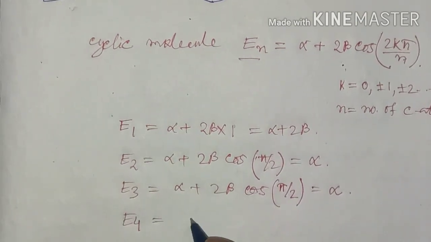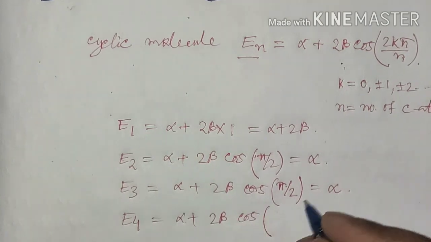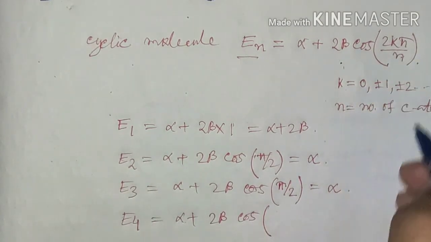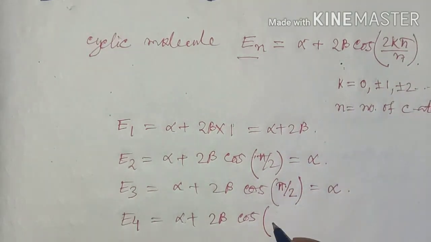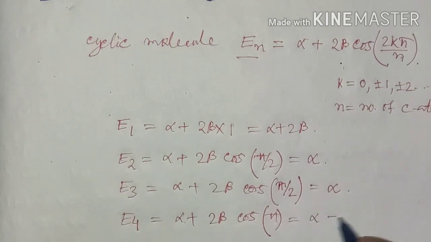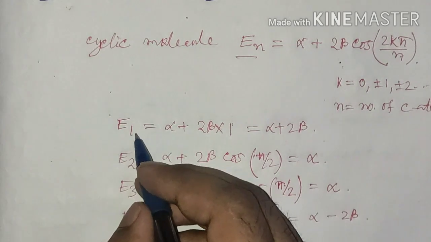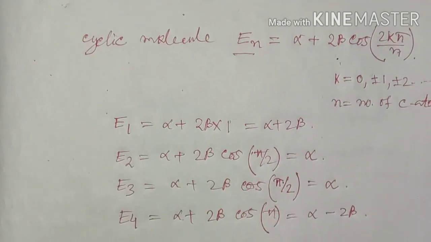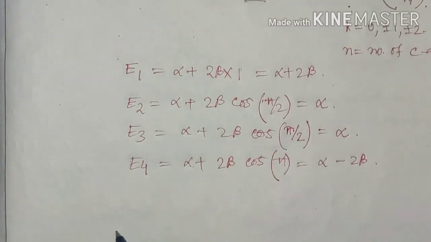And the energy of E4 will be alpha plus 2 beta cos, where for k we put plus 2, that means 4 pi divided by 4, that means cos pi, and the value of cos pi is equal to minus 1, so it is alpha minus 2 beta. So the energies of the 4 molecular orbitals for cyclobutadiene are like this.